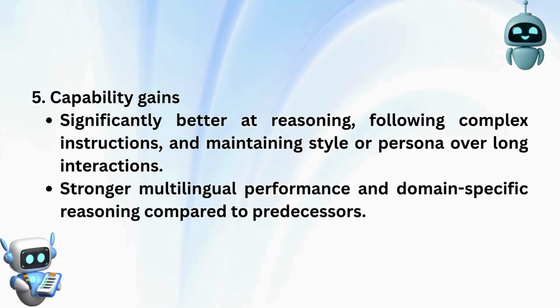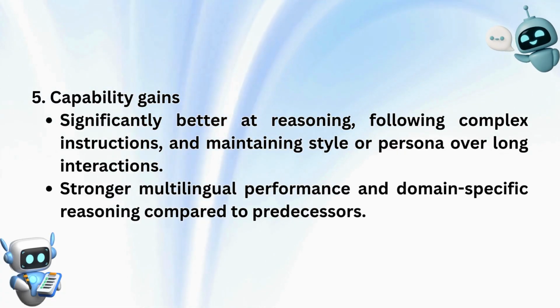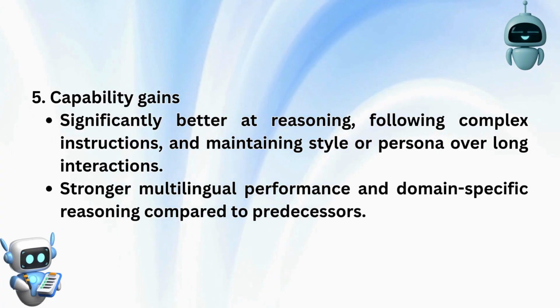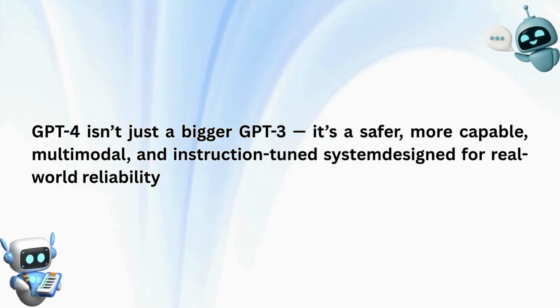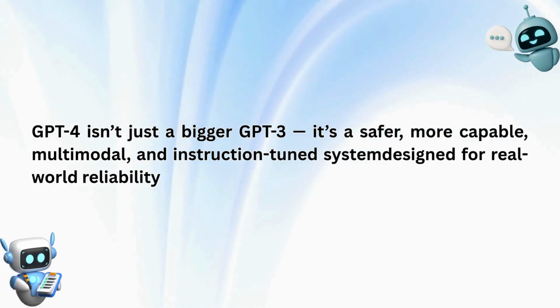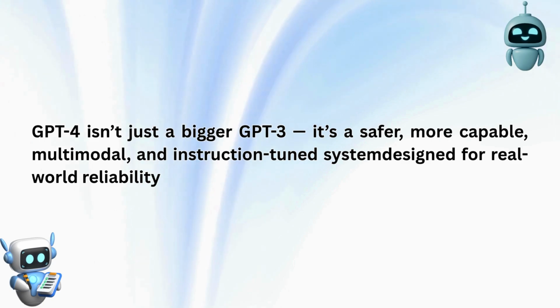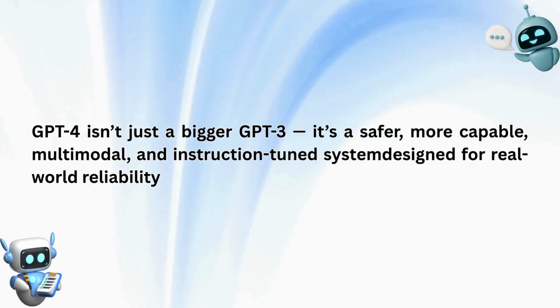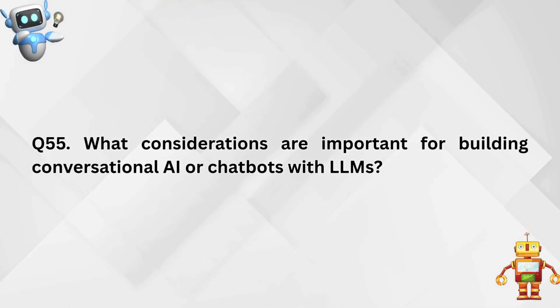Stronger multilingual performance and domain-specific reasoning compared to predecessors. In short, GPT-4 isn't just a bigger GPT-3, it's a safer, more capable, multimodal, and instruction-tuned system designed for real-world reliability. What considerations are important for building conversational AI or chatbots with LLMs?